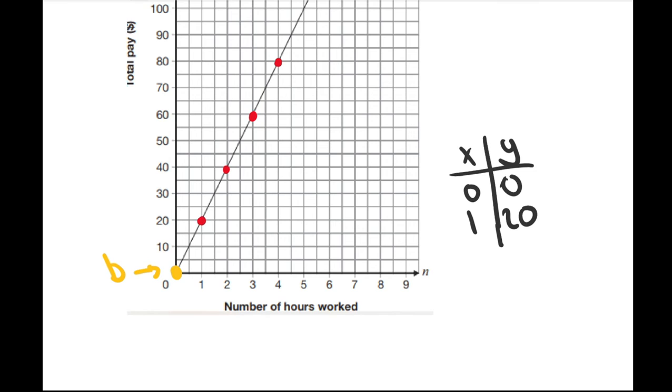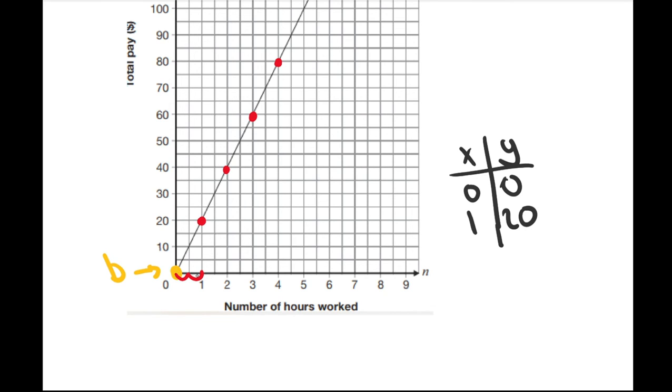So to figure out my run, I can see, okay, I'm going from 0 over to 1. Now you could count squares, say 1, 2, but you have to keep in mind what each square represents. In the previous example, the square would count as 1, but here, based on the scale, each square represents a half.